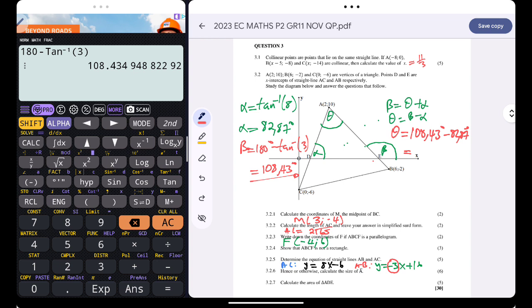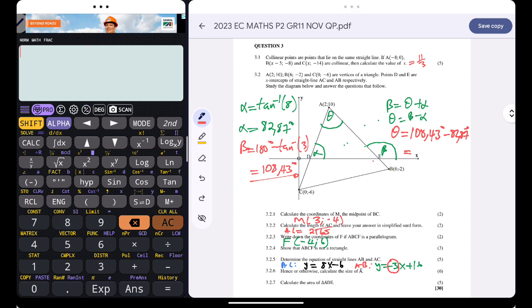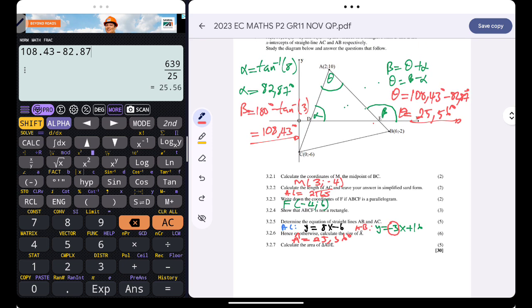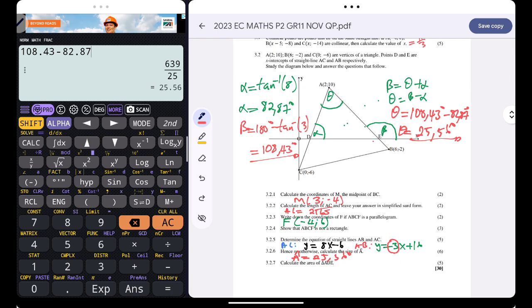And then this will give us 25.56 degrees. So now I know that my theta, which is angle A, is equal to 25.56 degrees.